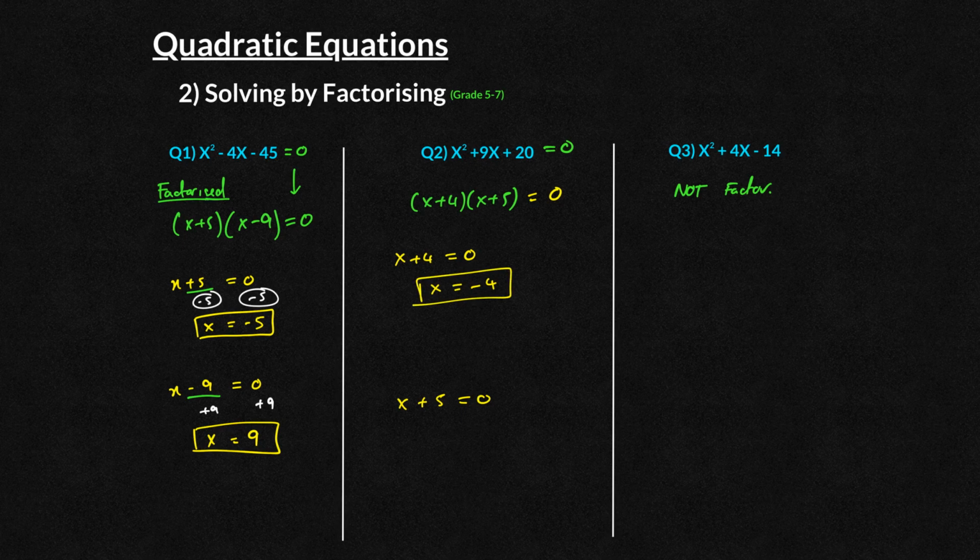Then we've got x plus 5, so we take that away to give us negative 5. So our two solutions are x equals negative 4 and x equals negative 5. Now for question 3, well, it didn't factor, so we are unable to find the solution to this quadratic via factorising. So in this case, we just have to leave it.